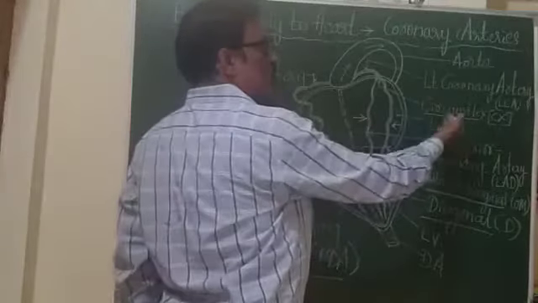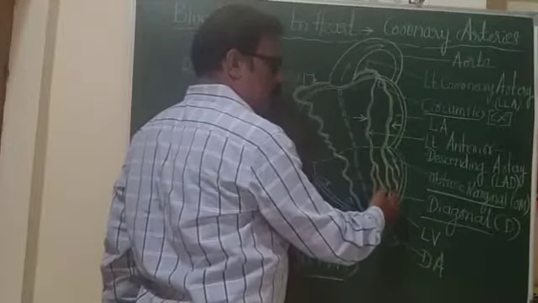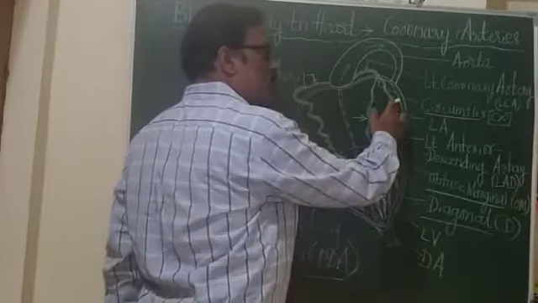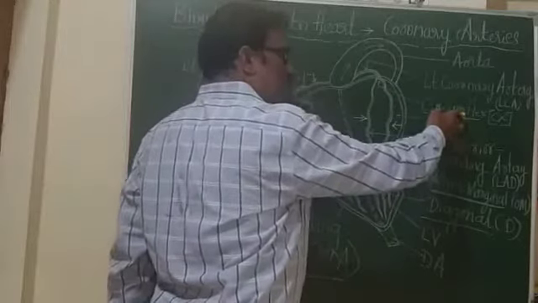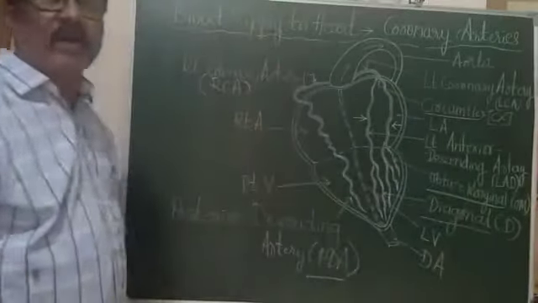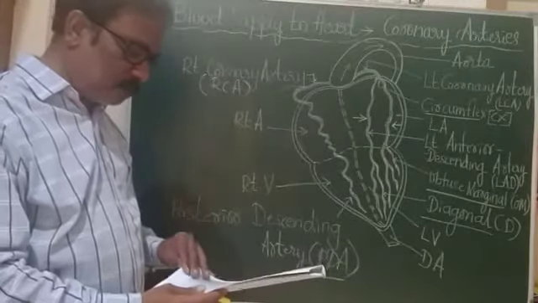And towards the left margin of the left part of the heart, another branch runs and winds over the heart and gives rise to one or two branches. This branch is called the circumflex, and the branches of the circumflex are referred to as the obtuse marginals.